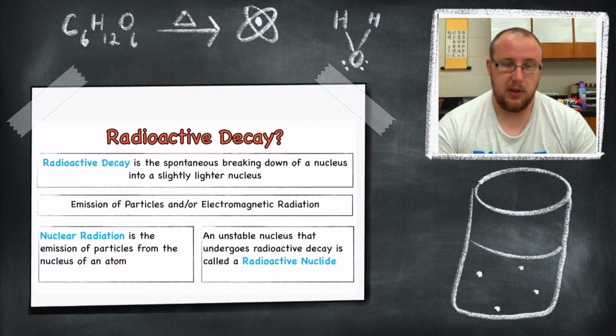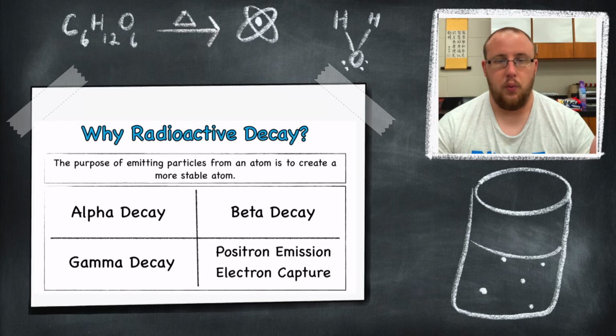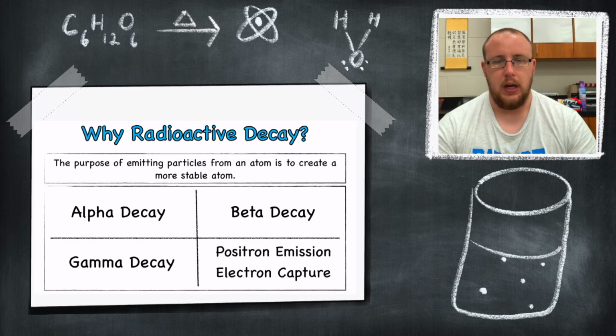So now we've got that terminology out of the way, let's get into the specifics about radioactive decay. Why are we doing radioactive decay? Why do we need to learn about this in chemistry? Well, the purpose of emitting these particles, of releasing things from the nucleus or releasing electrons, is ultimately to make an atom more stable.